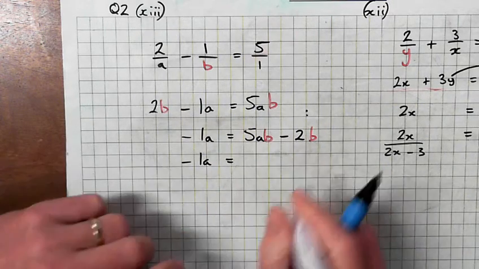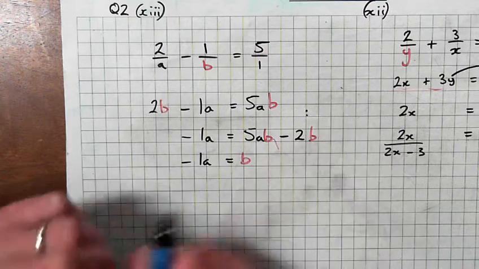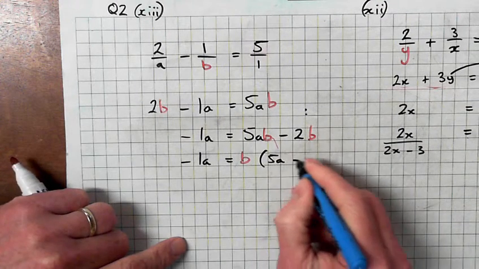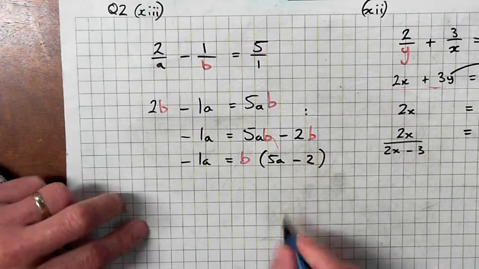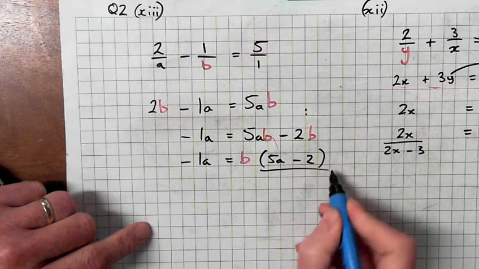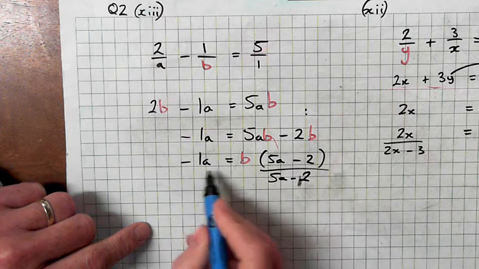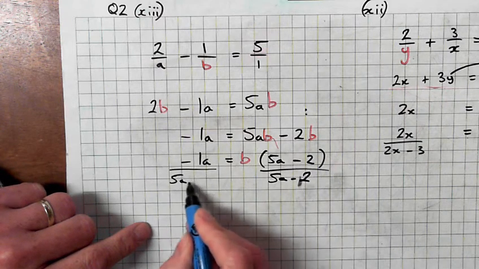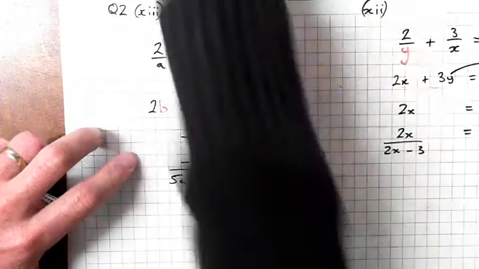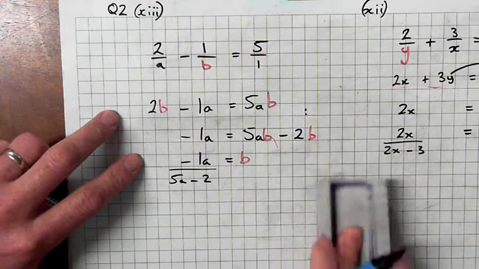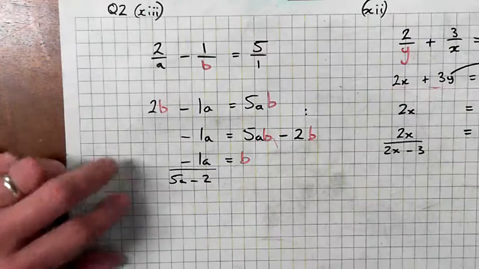Take the b out of both of them. Alright, I want to get rid of 5a minus 2, so divide by 5a minus 2. 5a minus 2 divided by 5a minus 2 is 1. 1 times b is b.